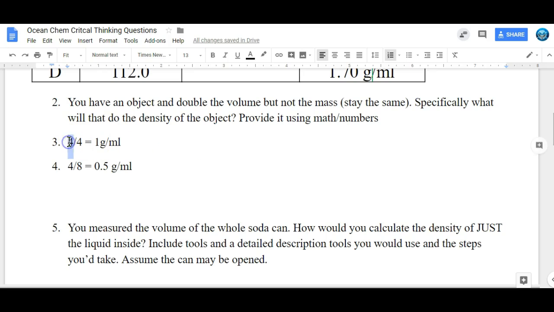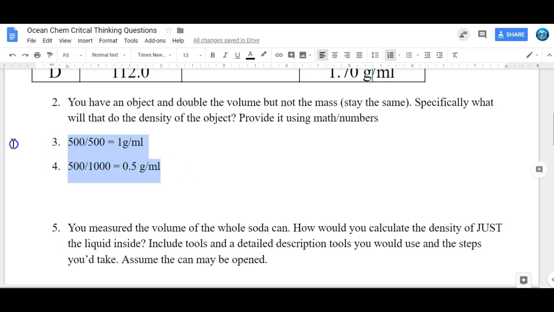So again, this could be 50 and 50. This could be 50 and 100. Again, 50 divided by 50 is 1. 50 divided by 100 gives you half. This could be 500 and 1,000. Okay, it doesn't matter. It ends up being the same thing. So what happens if you double the volume but not the mass?